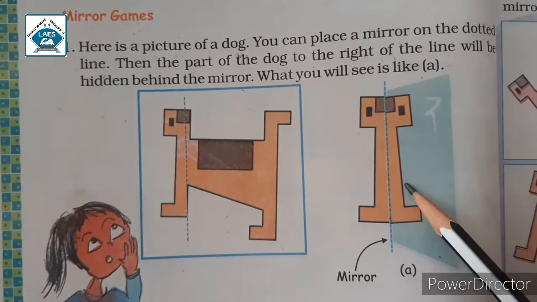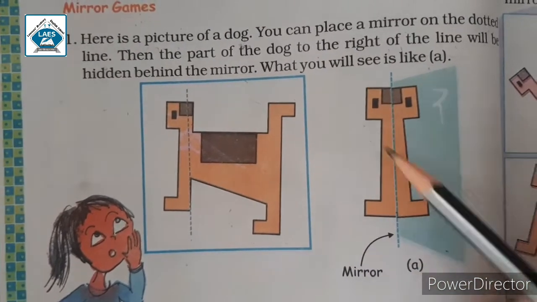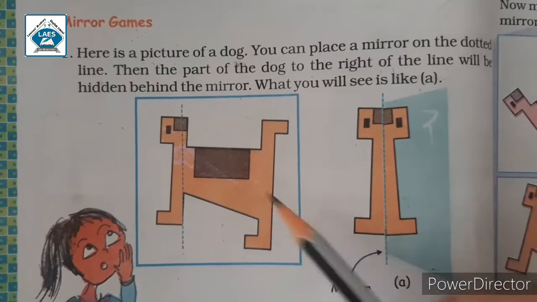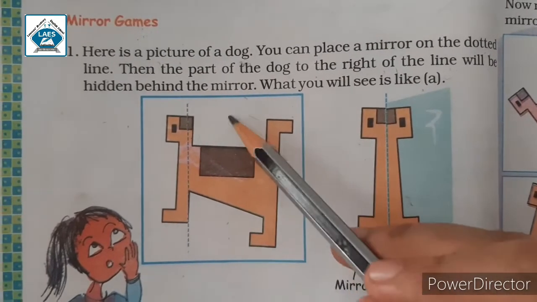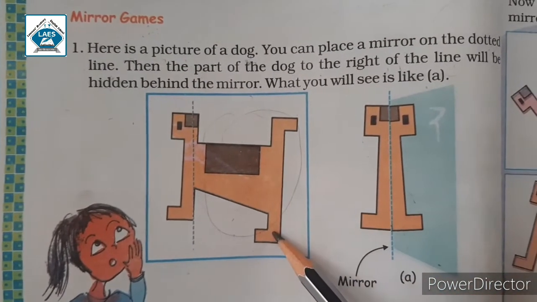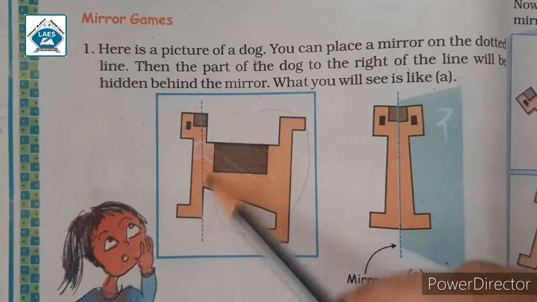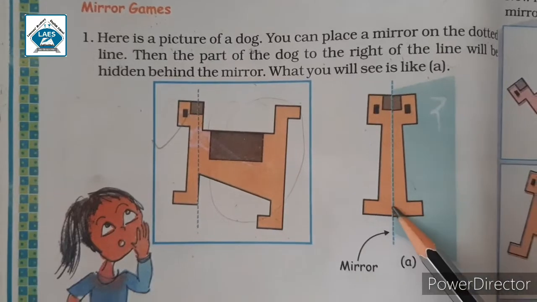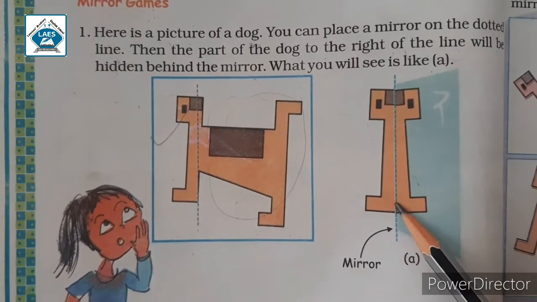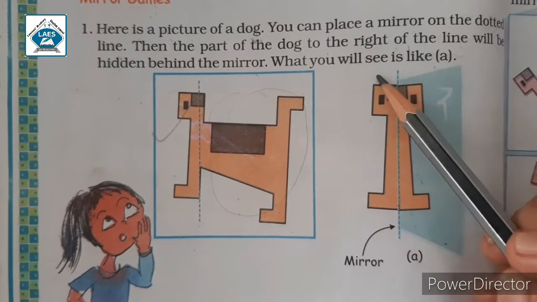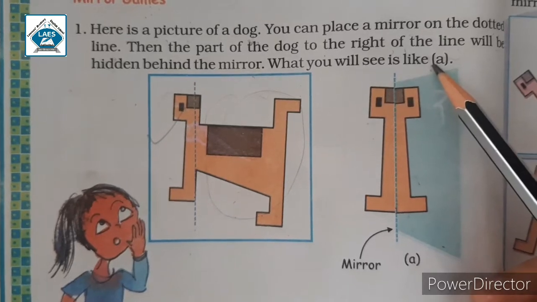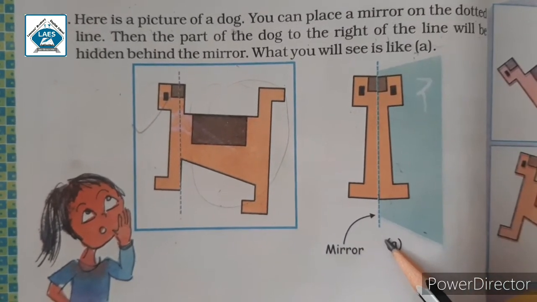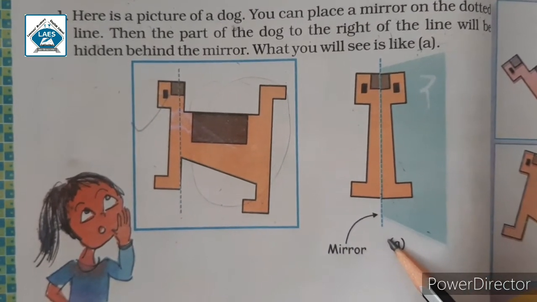So here is the mirror. And this whole part is hidden. Only the face is joined to the mirror. What you will see is like A. How is it looking?